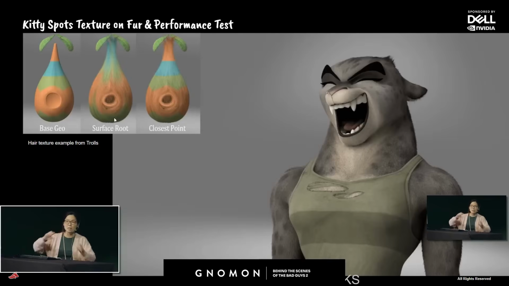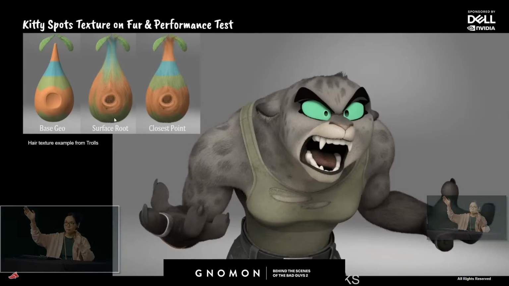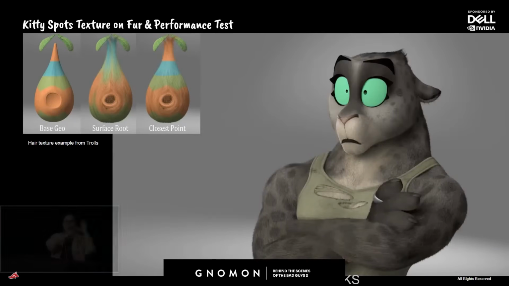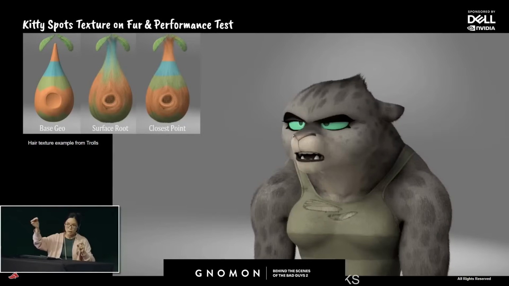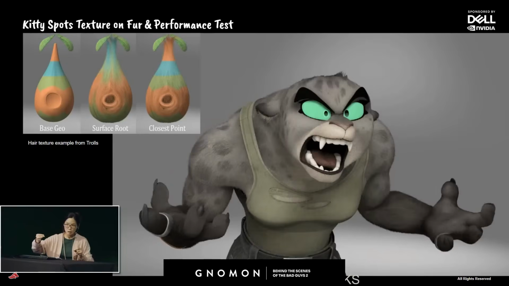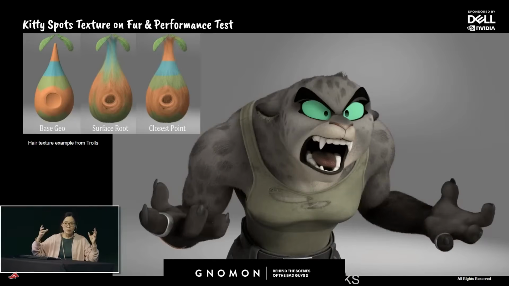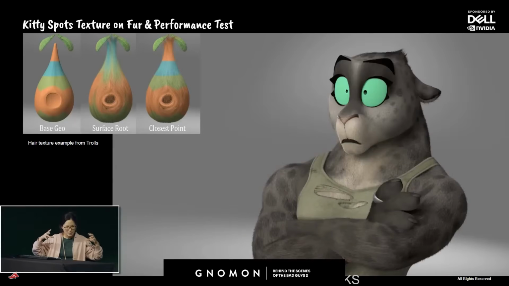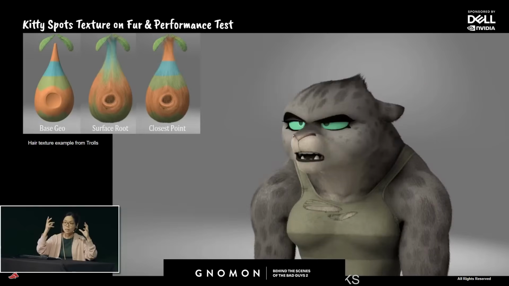There's a strand of hair, and the curve at the root point reads the color texture from the skin, and then the entire strand of hair inherits that color. What this gives you is a very organic fur look, as if the hairs have grown out of that texture.